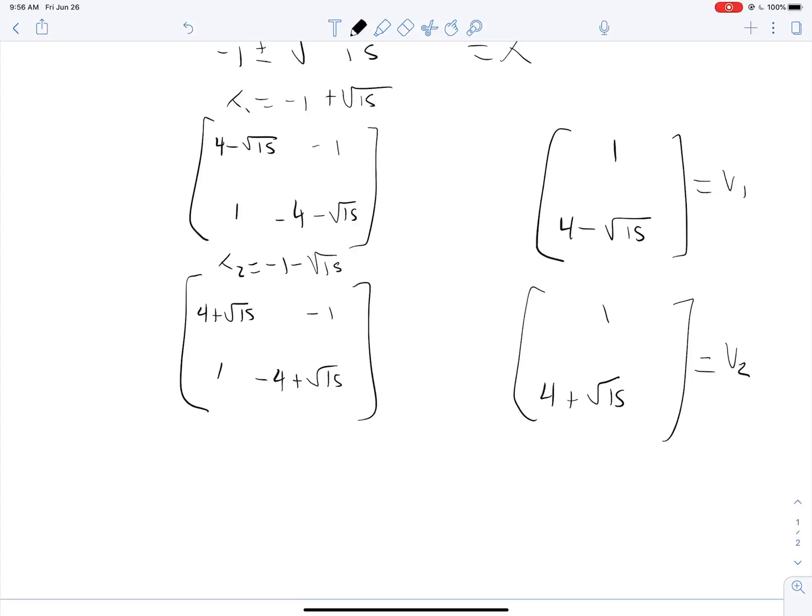Now we know that our solution will have the form x of t is equal to c1 v1 e to the lambda 1 t plus c2 v2 e to the lambda 2 t.